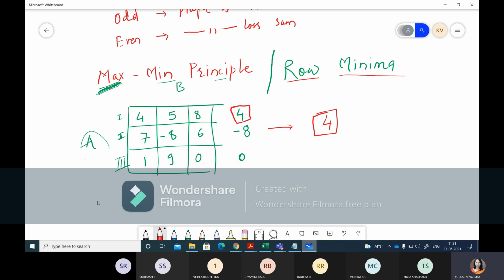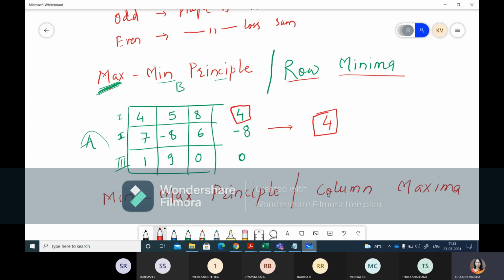Now in the same way, you have to understand one more, the minimax principle, which is called column maxima.